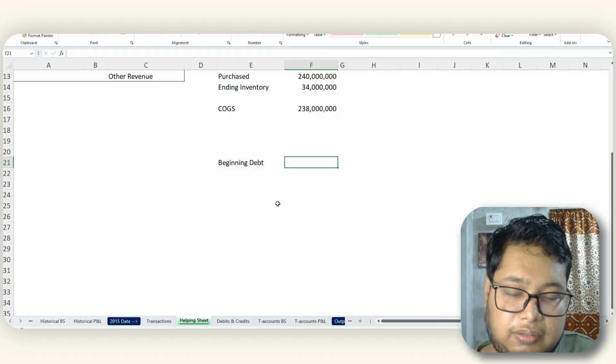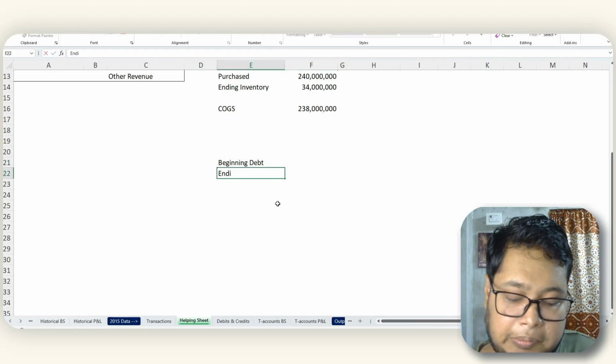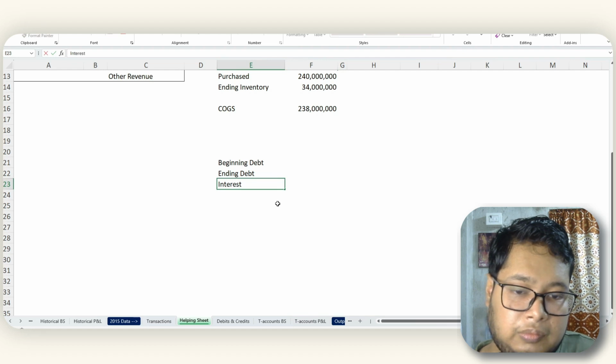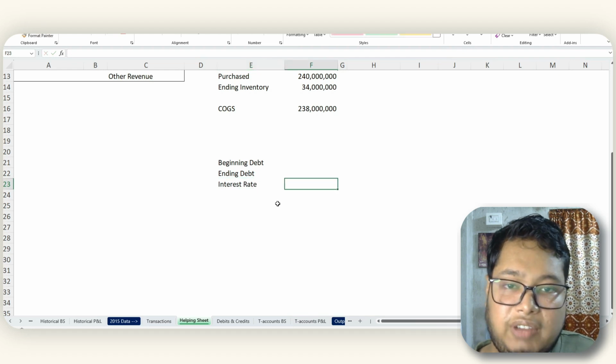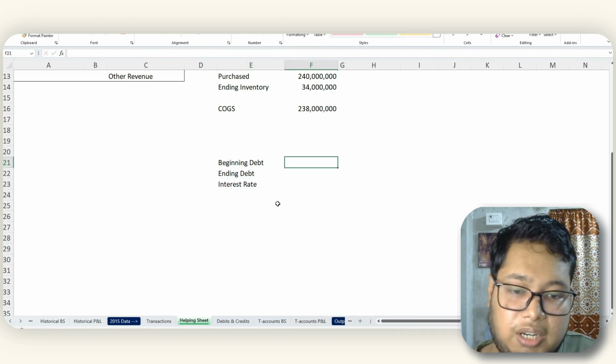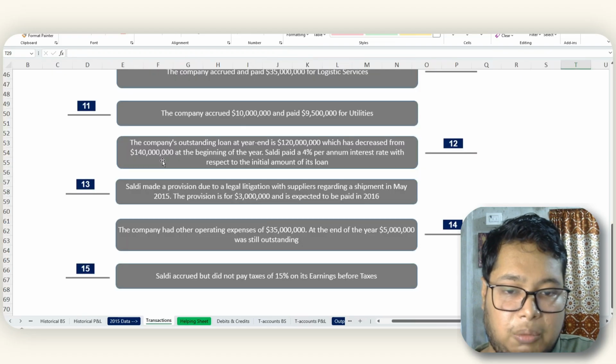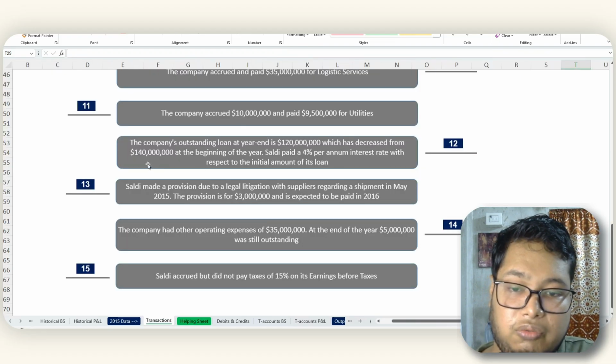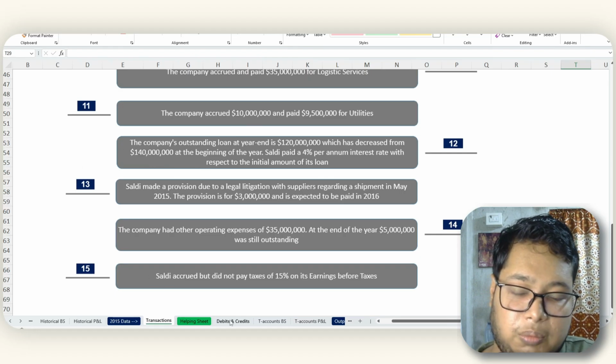This is our beginning debt, then we have the ending debt, and we have the interest rate. These three values are already provided, so let me put them in one by one. The company's outstanding loan is $120 million, which has decreased from $140 million. The beginning debt was $140 million and then $120 million.